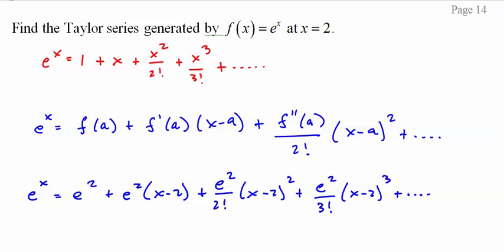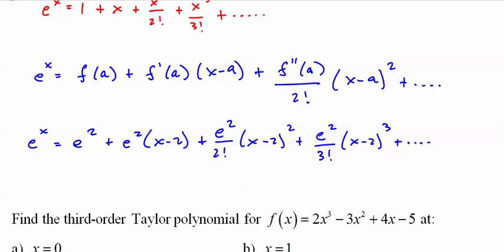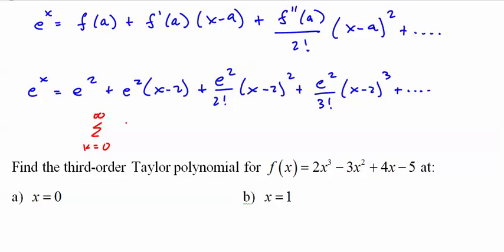So we would get the sum from k equals 0 to infinity of e squared over k factorial times x minus 2 to the k.